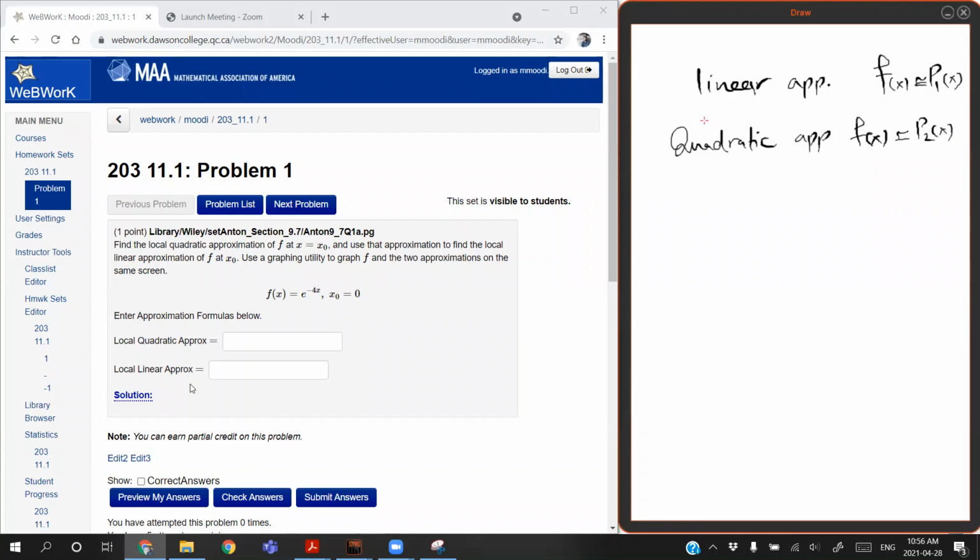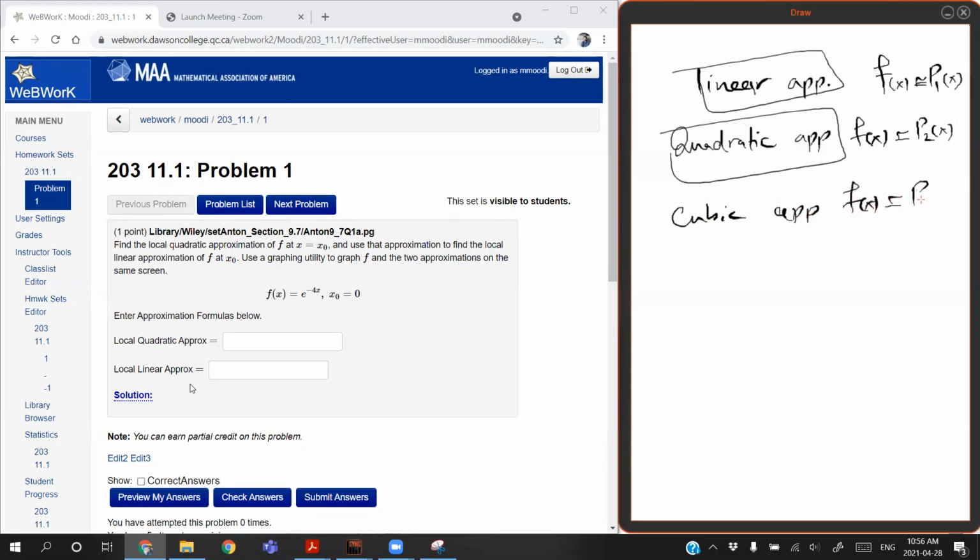So whenever you see linear approximation, that is using the first order Taylor polynomial, and whenever you see quadratic approximation, that would be the second order. And of course, if you see cubic approximation, then you are approximating f of x using the third order polynomial.